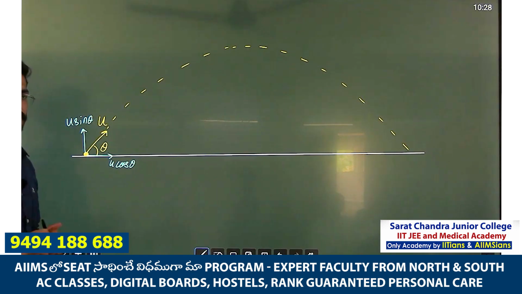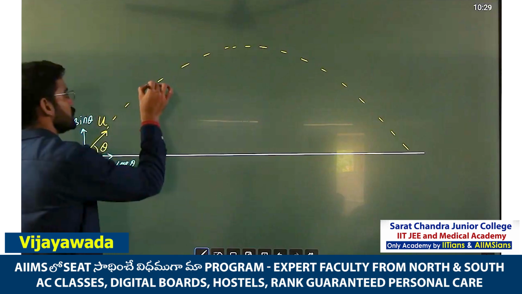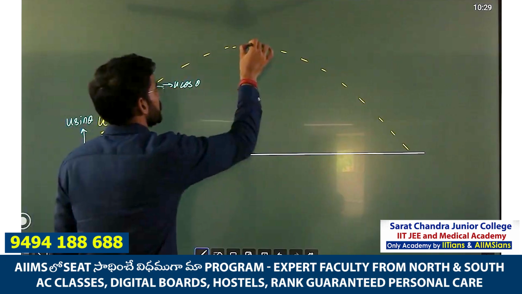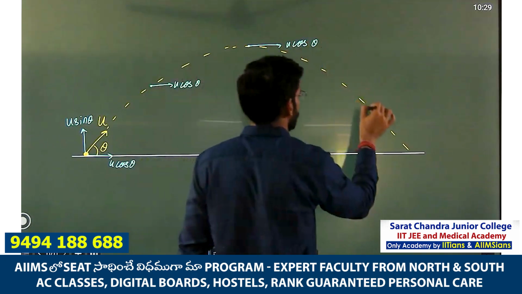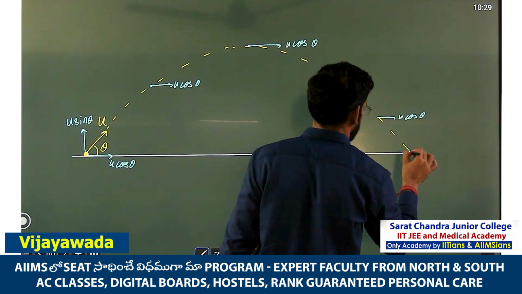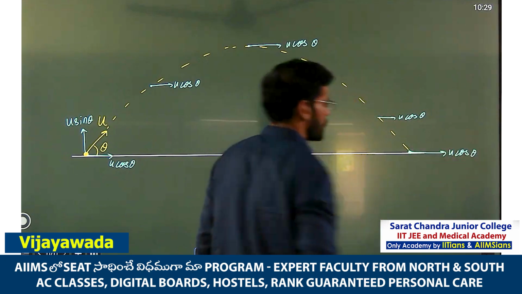And ay acceleration is minus g, right? These are the accelerations. So in the horizontal direction there is no acceleration, so horizontal velocity is constant, right? So at this point also I can say same u cos theta will be there. At the maximum height point also it will be u cos theta. This point also it will be u cos theta. And when it is just about to hit, that time also u cos theta.